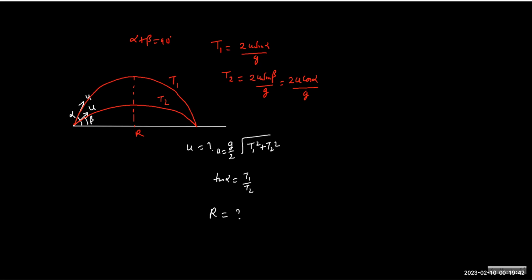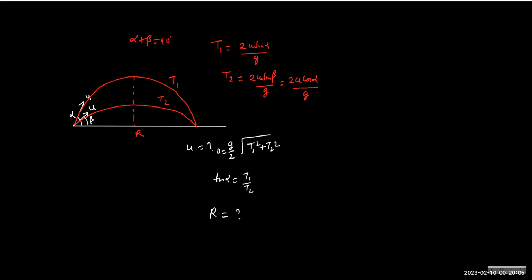What is range? In what terms do you want it? Like alpha, beta, T1, T2? Yeah, in terms of T1, T2 only, because that is the only parameter given to us. The rest is not given.